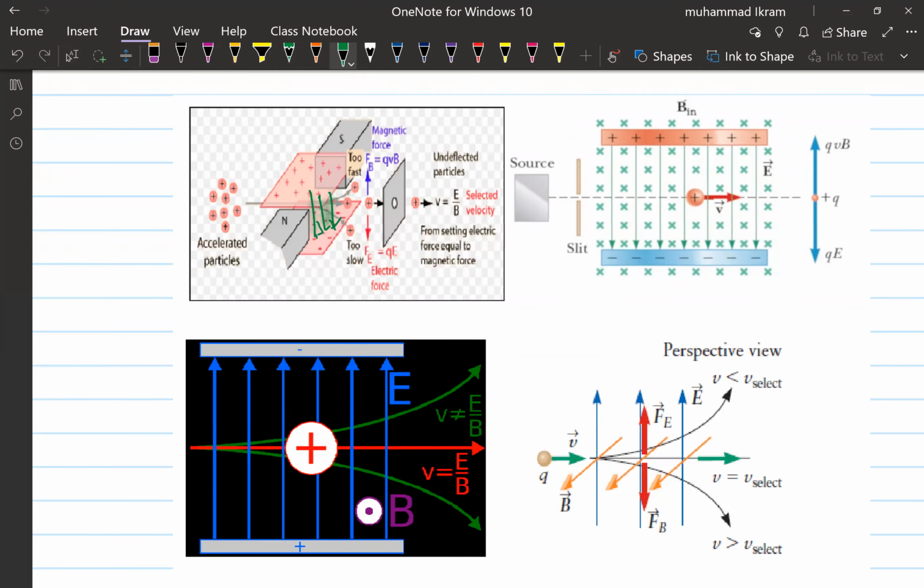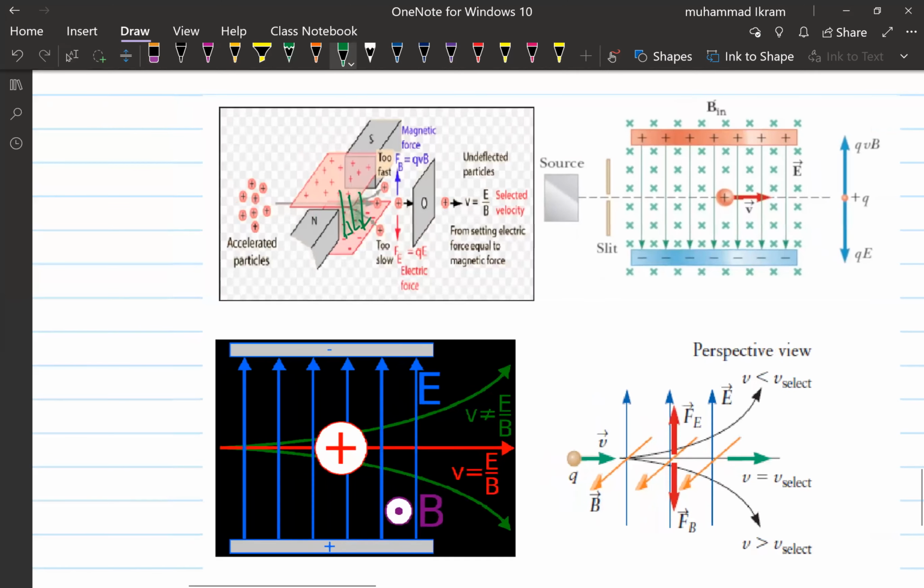And the electric and the magnetic field are both perpendicular to each other. Here we have the accelerated charged particle, right? And here we have the particles undeflected, right? And we just want to find out the velocity of this particle. Here you see this is a 2D picture of it.